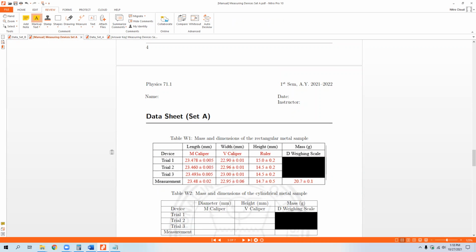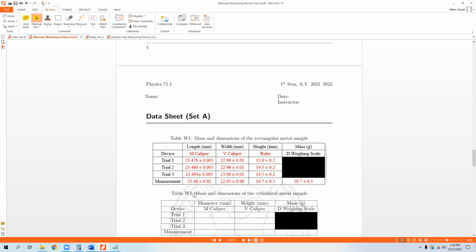Ang least count natin according to the caliper itself is 0.01. So kalahati nun ay 0.005. Similar sa vernier caliper, sinabihan tayo na 0.02. Kalahati lang niya yung uncertainty and ganoon din sa ruler.